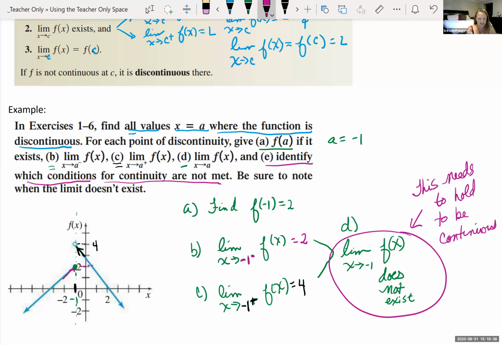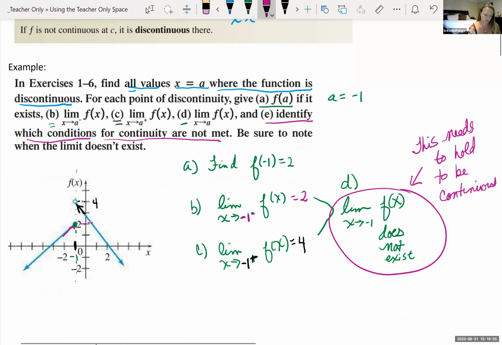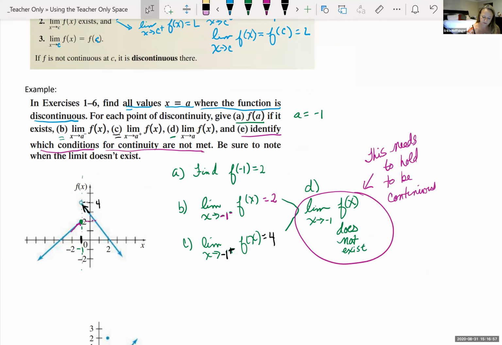And so if our limit doesn't exist, it makes sense that that limit is also not going to give us our f of c value. Does not exist does not equal 2. That doesn't hold either. So also the limit as x approaches c of f of x does not equal f of c.